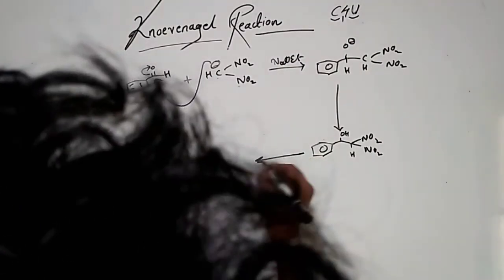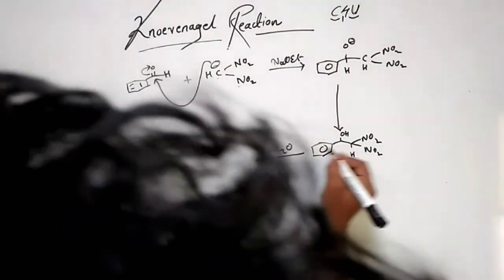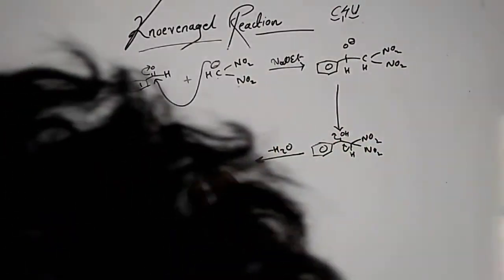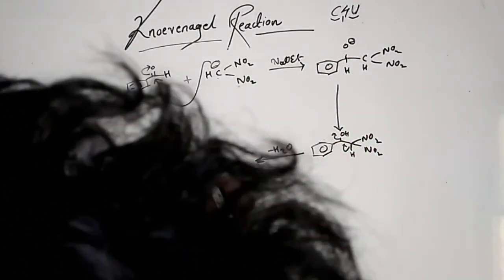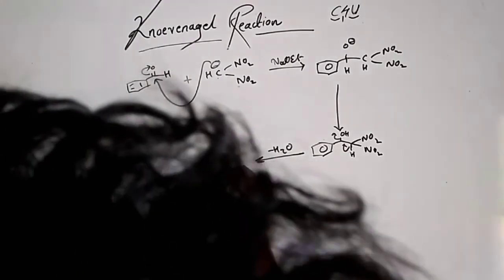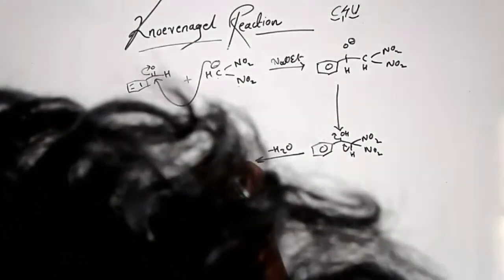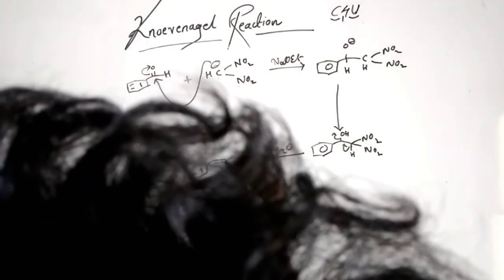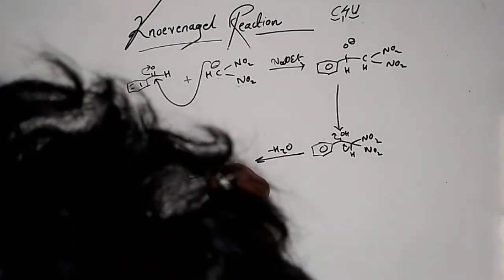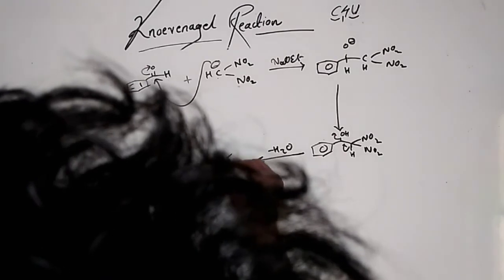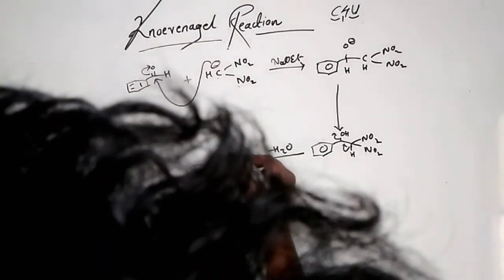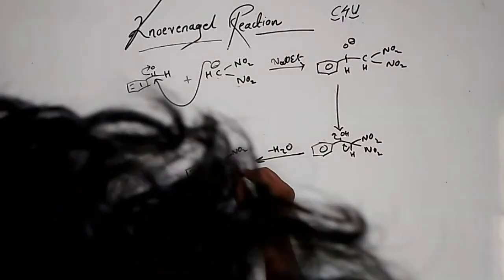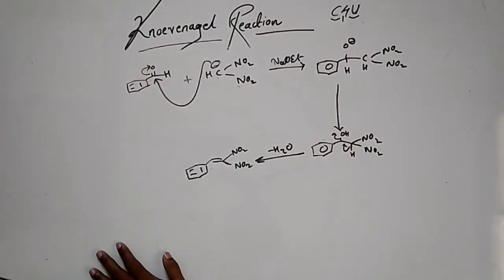And now what happens is elimination of H2O, you know these things. It needs some heat sometimes, but in this case the stability of your double bond becomes the driving force of this reaction.